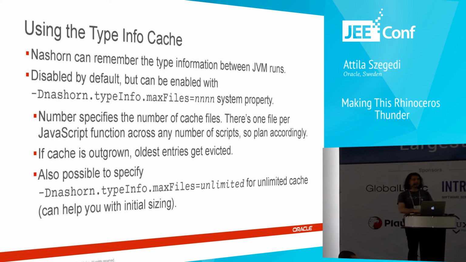The way it's stored is we hash the Nashorn code and we hash the function being stored, so you cannot really have a miss. So what happens is that if you turn on the Nashorn type info system property, then whenever a function is compiled, it will see whether on a previous run of the JVM it did actually already compile this function and to what state it de-optimized it.